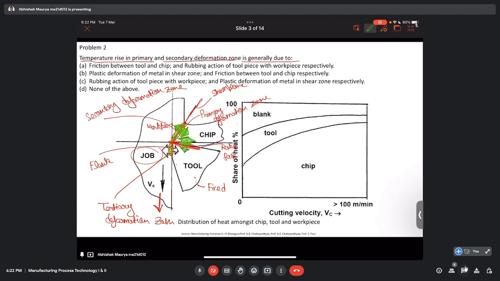So what can be the fundamental cause for that? Technically, we are applying some force on the tool, and we are getting some reaction force from the workpiece. How is the force which we are applying generating the heat? Anyone?